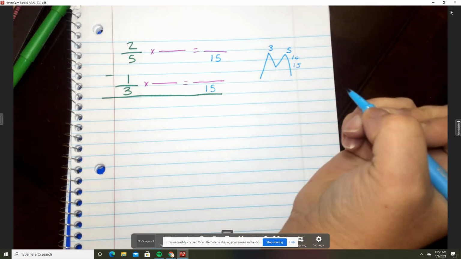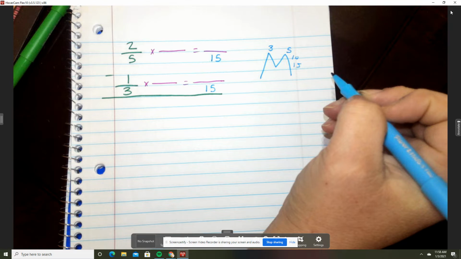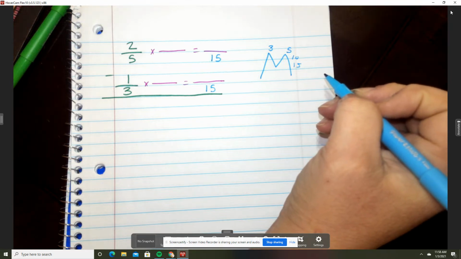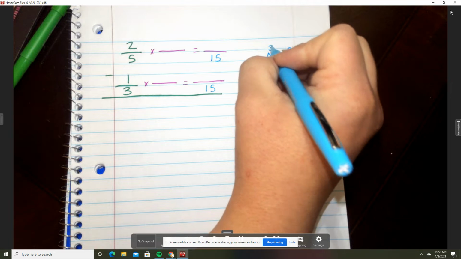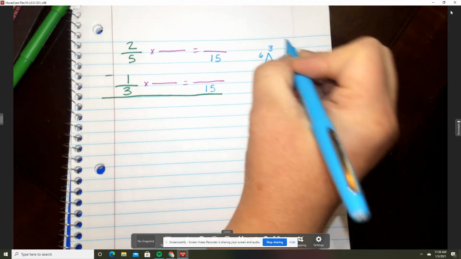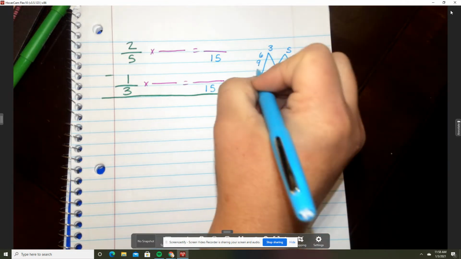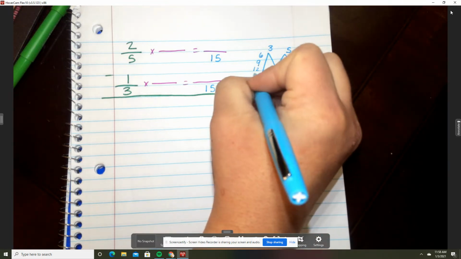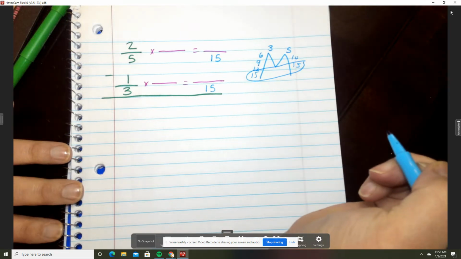Remember, we're getting the multiples when we do an M, because you want to find the lowest common multiple to get your common denominator. So then we would do 3 times 1 is 3, 3 times 2 is 6, 3 times 3 is 9, 3 times 4 is 12, 3 times 5 is 15. So 15 would be the common denominator.